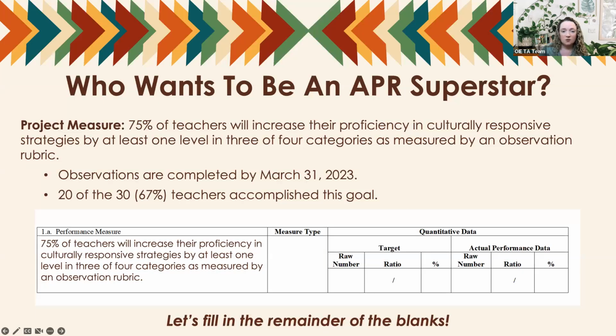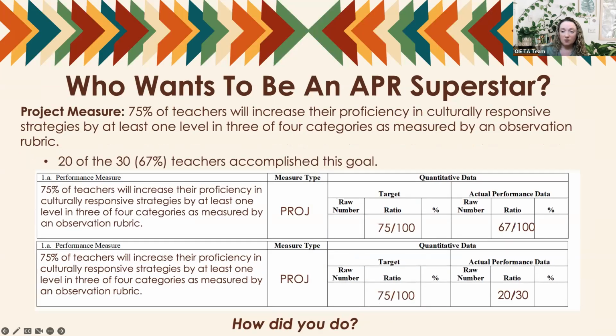There are actually two ways that would be perfectly fine to report on this. One being the 67 of 100 for that 67% of teachers, or the 20 out of 30. Either one is totally fine because your target's not changing. Your target is that you want 75%, so you want 75 out of 100.